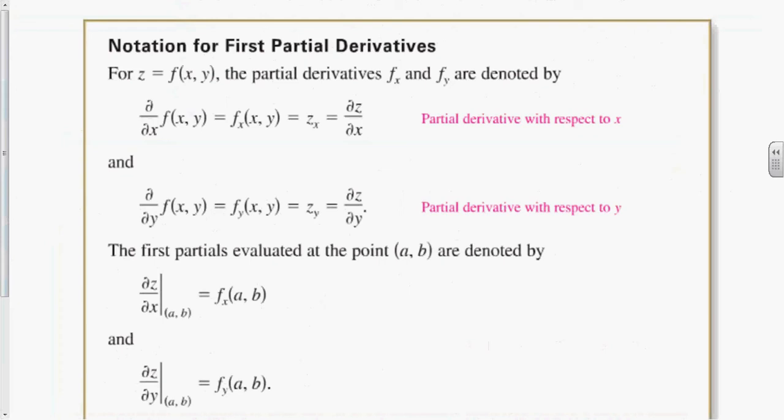If you see these symbols here, it still represents the partial derivative of f with respect to x. Since f(x,y) is equal to z, we can say z subscript x, that is, or the partial of z over the partial of x, or the partial of z with respect to x.